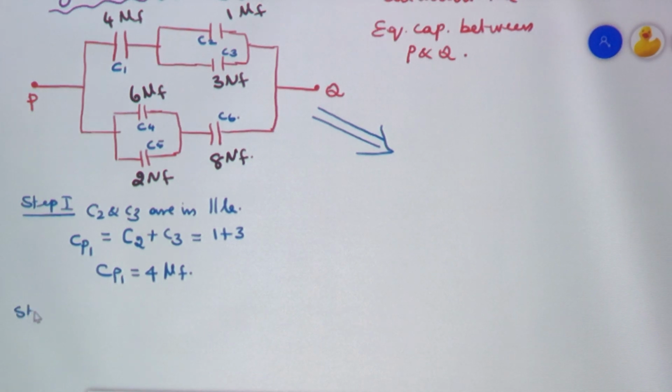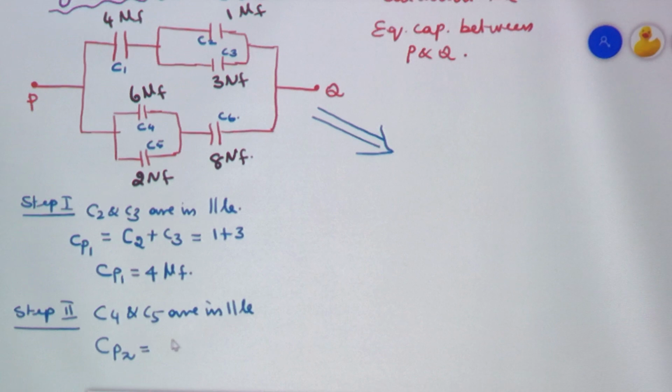I am considering the next step, step 2. I am considering C4 and C5. C4 and C5 are again in parallel. If C4 and C5 are in parallel, let us consider that parallel combination as Cp2.